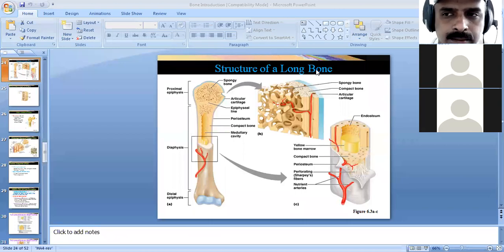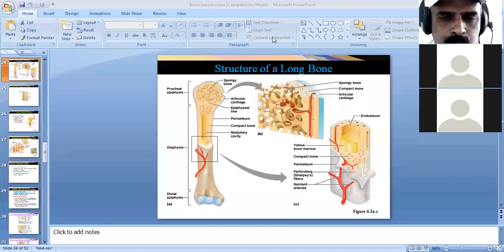When the question asked is to describe the gross structure of bone, you have to write compact and spongy bone, and even include the outer covering of the bone, the periosteum. In that you have to explain the compact variety of bone and the cancellous variety of bone.